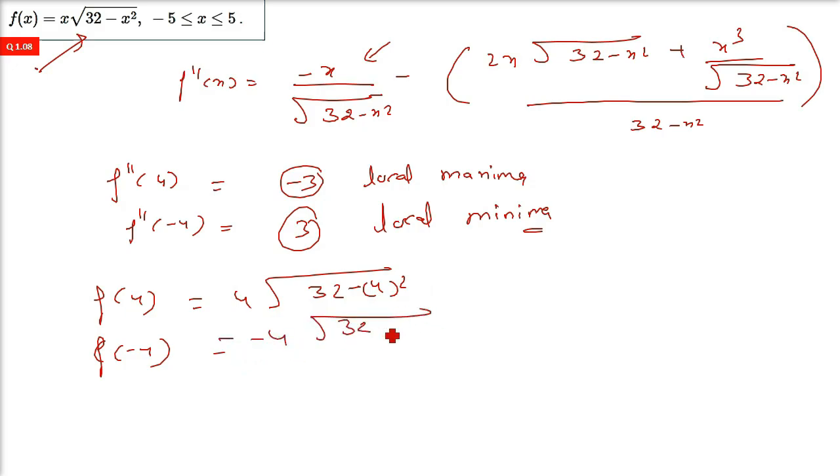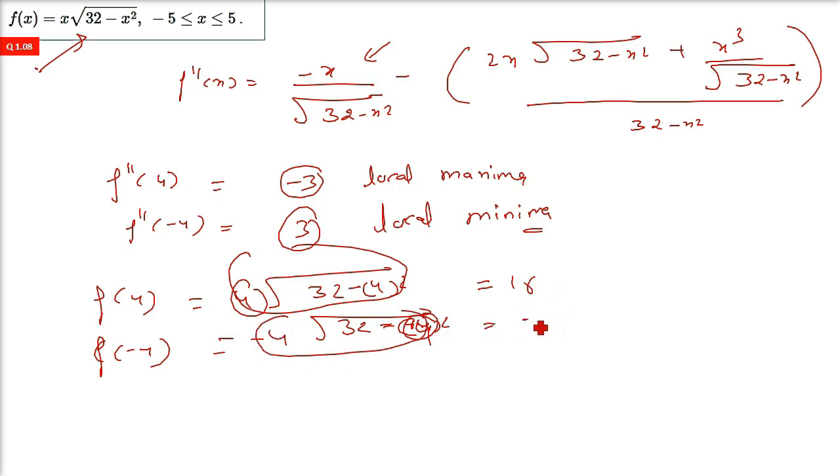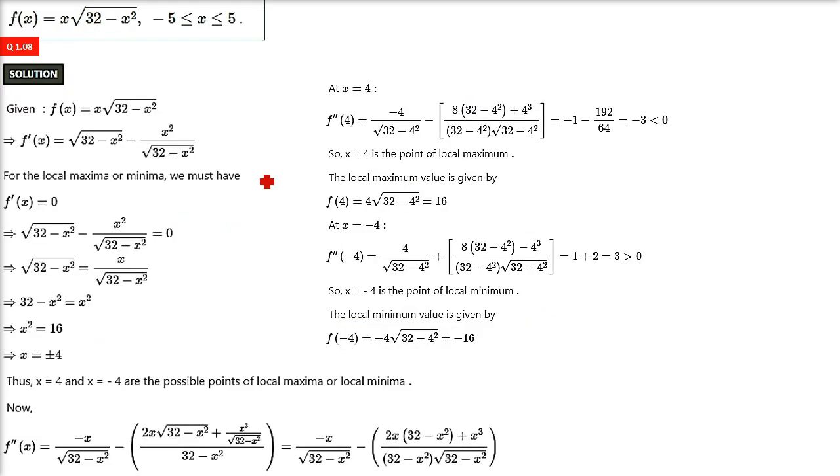Since the square inside will be positive in any case because it is being squared, and 4 and negative 4 are outside, there is only the difference of sign between f4 and f negative 4. f4 will give you 16, f negative 4 will give you negative 16. Up till now you have known that these are the values of the function at local maxima and local minima. The first one is local maxima, the value is 16; local minima value is negative 16.